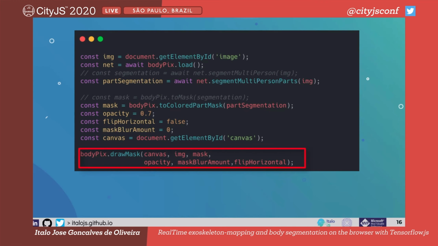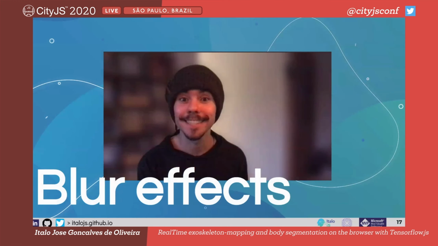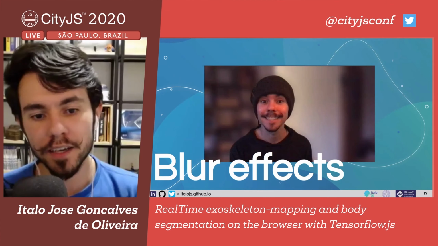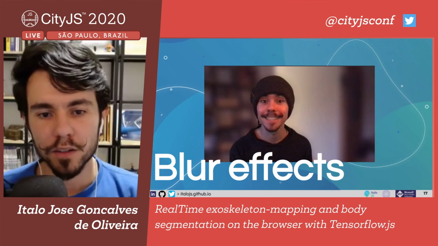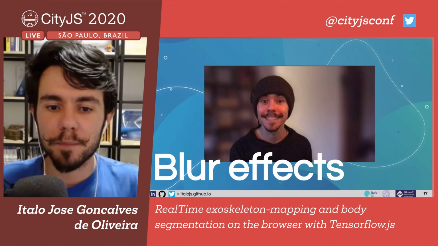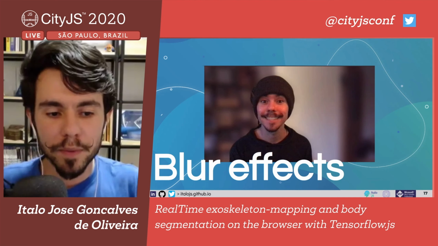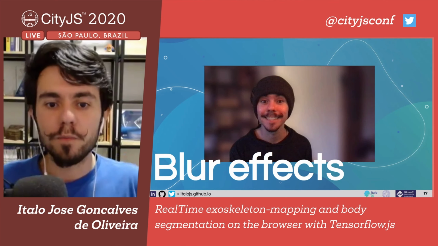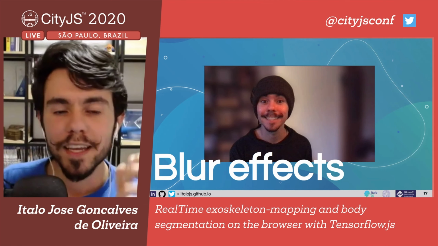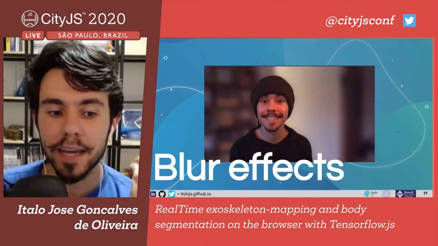And what can I do with my segmentation? Here we have an example where I just segment my whole body, not my body parts. So what can I do with this?